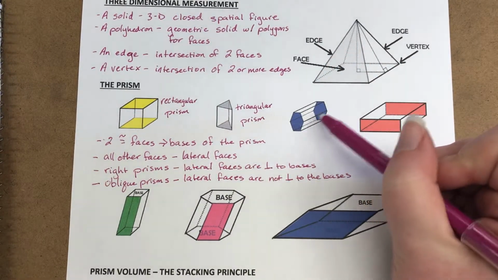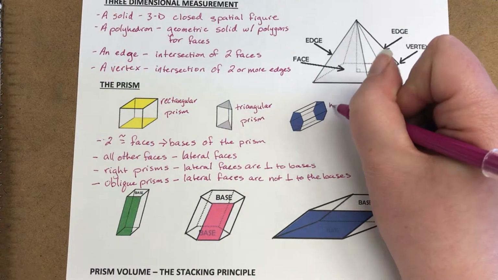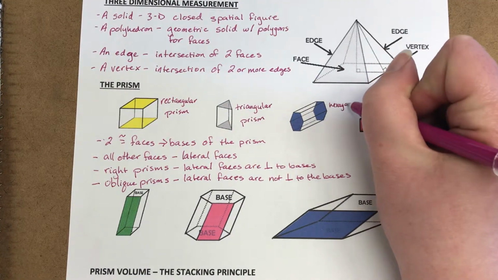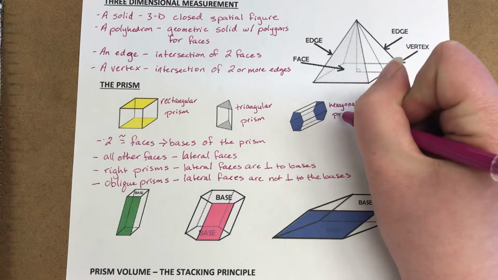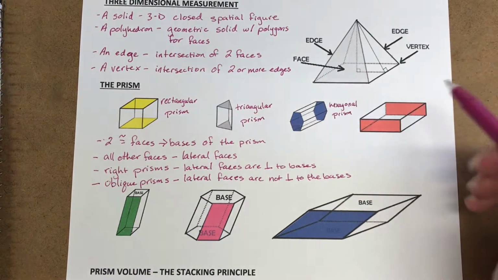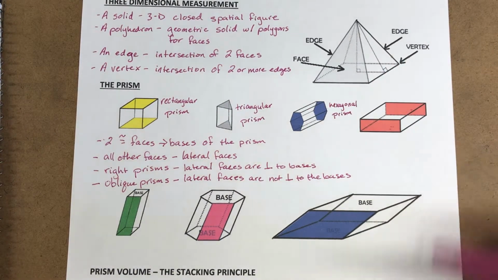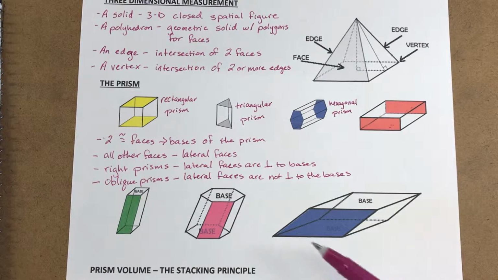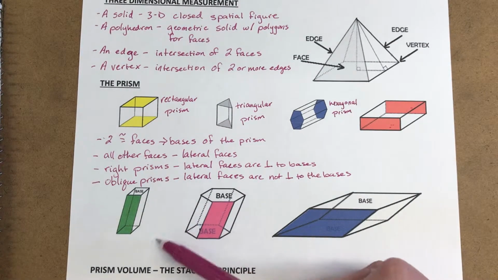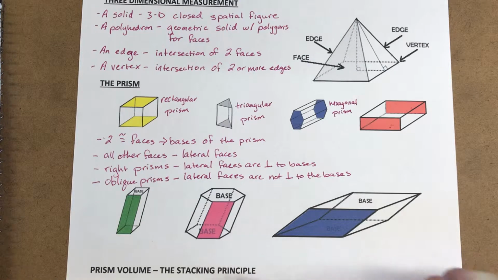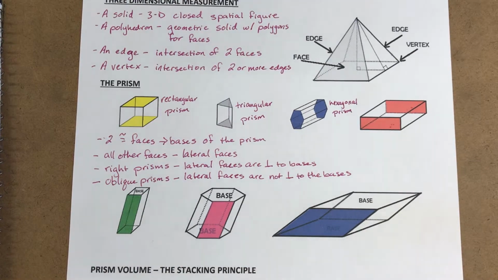These bases are hexagons, so this would be a hexagonal prism. These are rectangles again, so we'd have a rectangular prism. This would be a rectangular prism. This would be a hexagonal prism because there's 6, so you get the point.